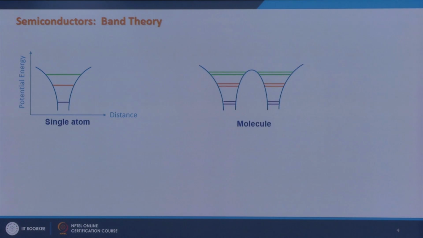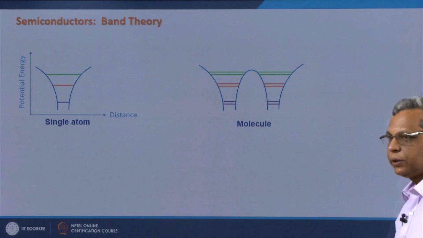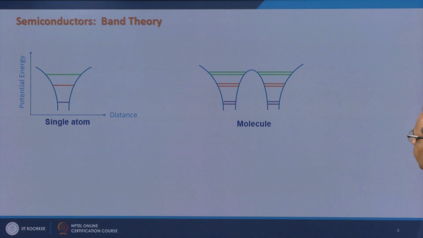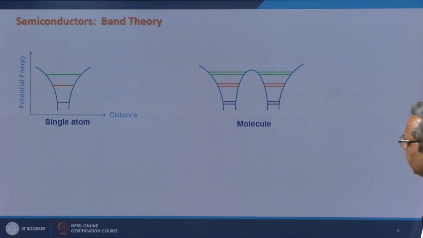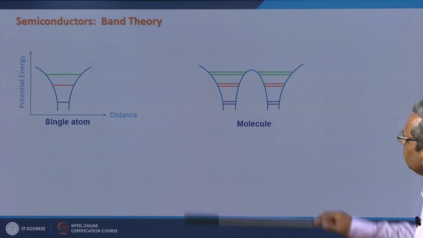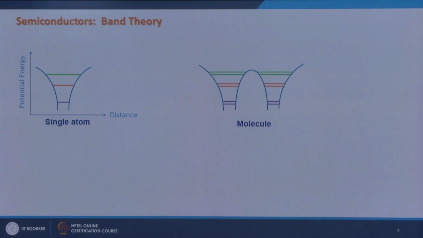But if I have a molecule, that is, I bring another atom closer to this, then the electron is now shared by both the atoms and it experiences a net potential energy something like this.